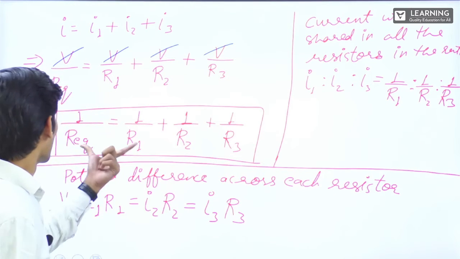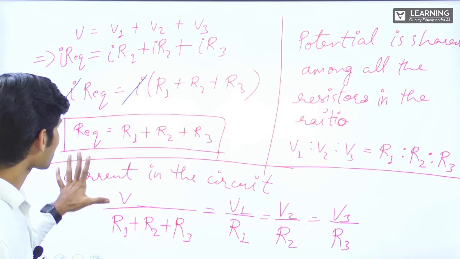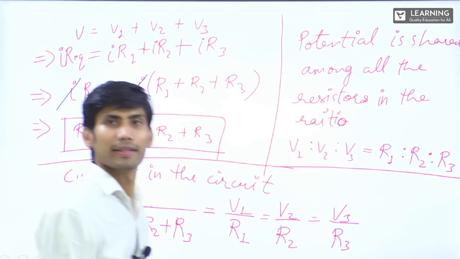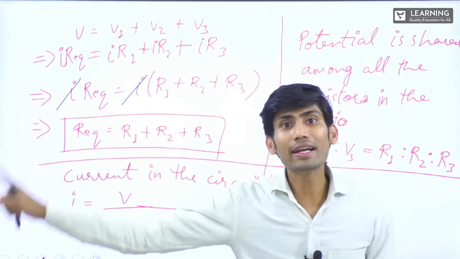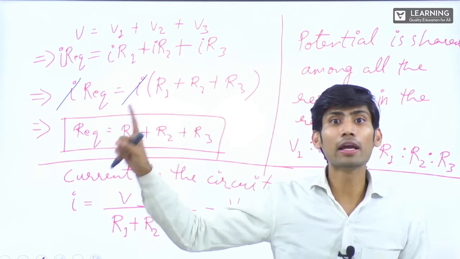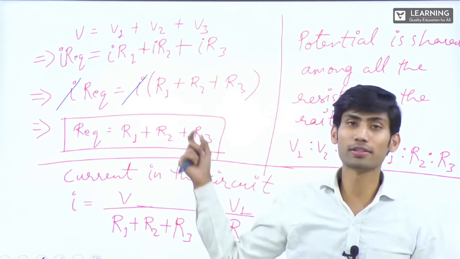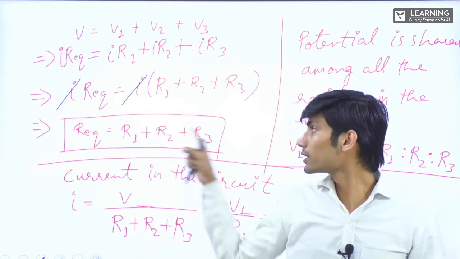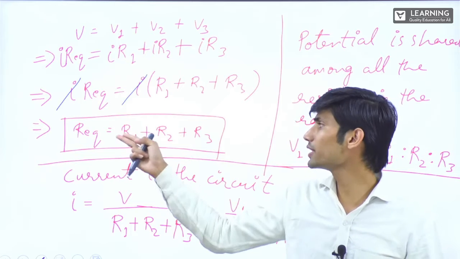Let me show you from here, series. R equivalent is the sum of all the resistors. That means whenever the resistors are in series, the equivalent resistance will be more than the highest individual resistance. Correct? Because it is basically the sum of all.